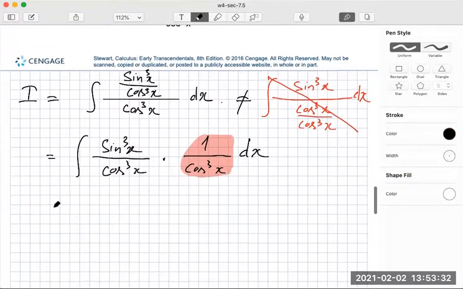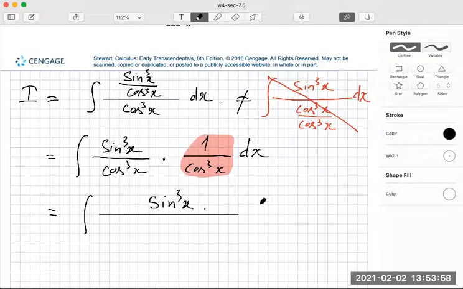Then this guy becomes what? Oh, be careful. The numerator becomes sine cube times 1, which is still sine cube, right? But the denominator will be the product of cosine cube times cosine cube, which gives us cosine to the 6. This is multiplication.